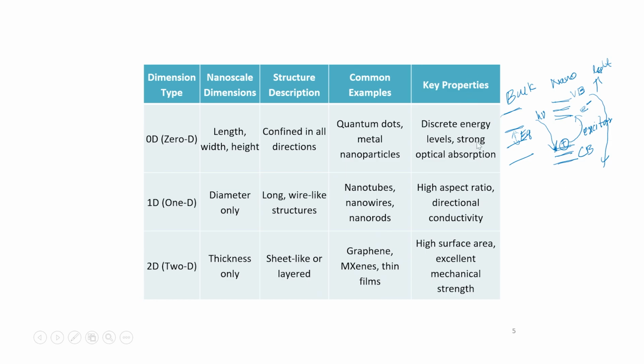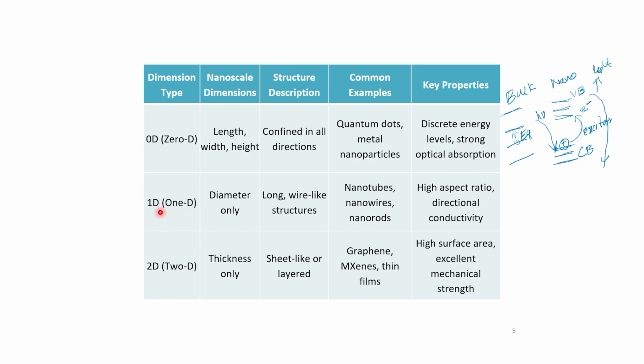These discrete energy levels are the key properties of our nanomaterials. So now dimension type is 0D, nanoscale dimensions restricted along length, width and height. Description is that it is confined in all directions. Common types: quantum dots, metal nanoparticles, and key properties are discrete energy levels and strong optical absorption.